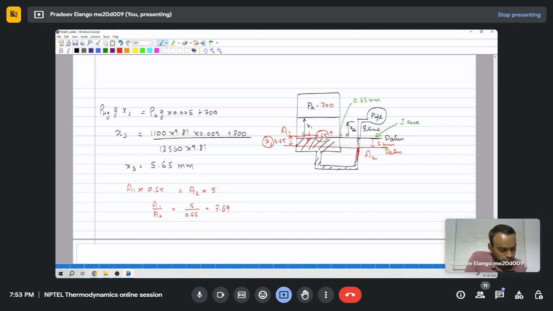So compared to the previous datum the fluid level moved by 0.65 mm. On the left side it moved by 0.65 mm, and on the right column it moved down by 5 mm.